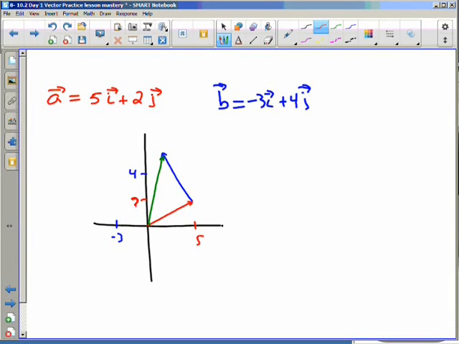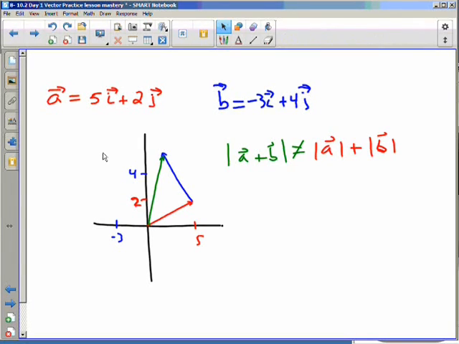And just looking at it, you can tell that the magnitude of A plus B, that's the green, won't equal the magnitude of A plus the magnitude of B.